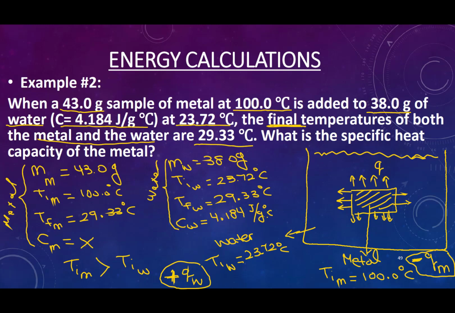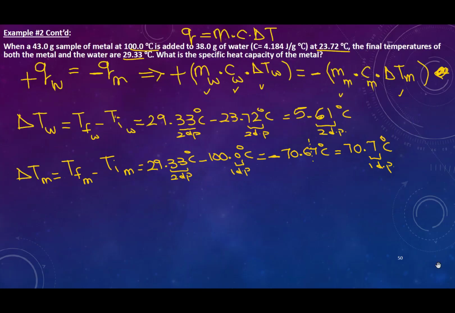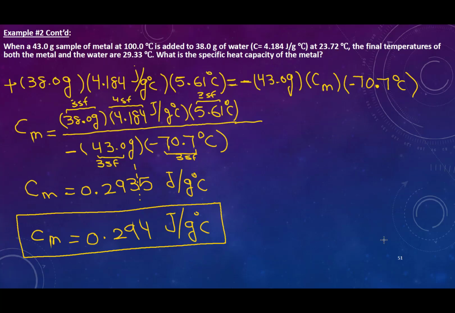Knowing this fact and all the known variables, I set up the equations and solved for the delta T of the metal and the water. Remember, the final temperature is the same, we are told it's the same. Once I knew the change in temperature for the metal and the water, the mass of water, the mass of metal, and the specific heat capacity of the water, I calculated the specific heat capacity of the metal. This is the end of chapter 3.